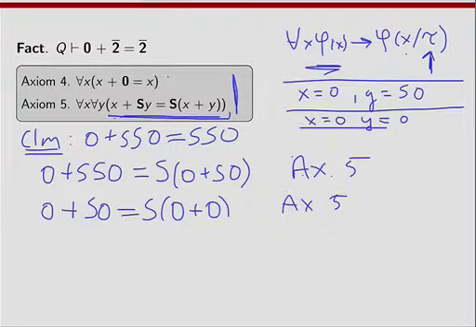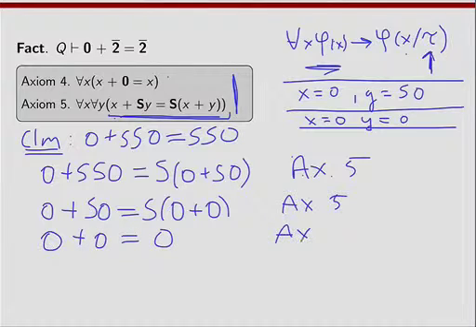Now we note that 0 plus 0 must be equal to 0. This is an instance of axiom 4 where x is set to 0: anything plus 0 must be that same thing, and in this case x is 0.